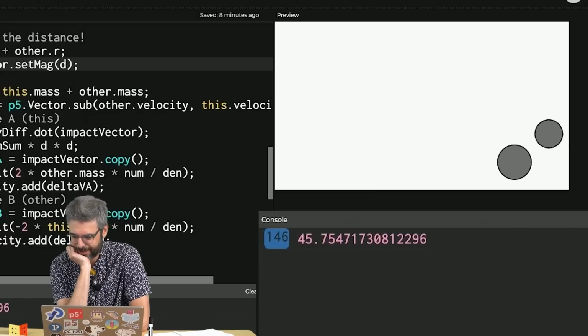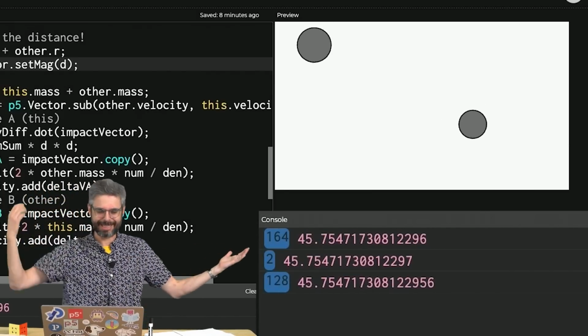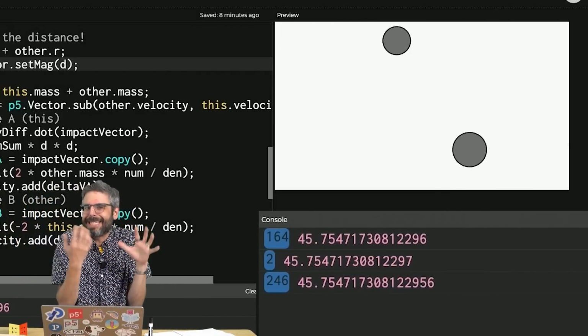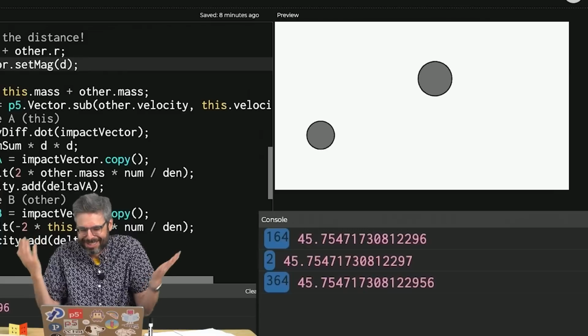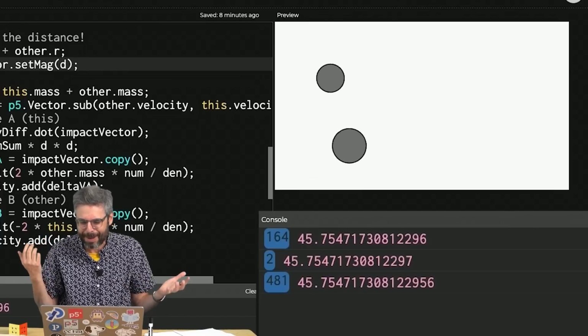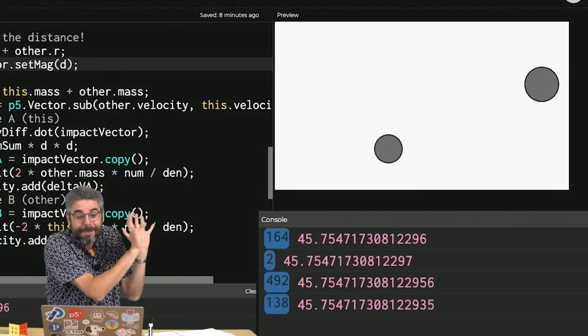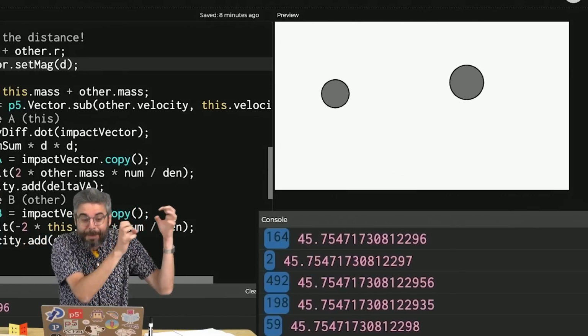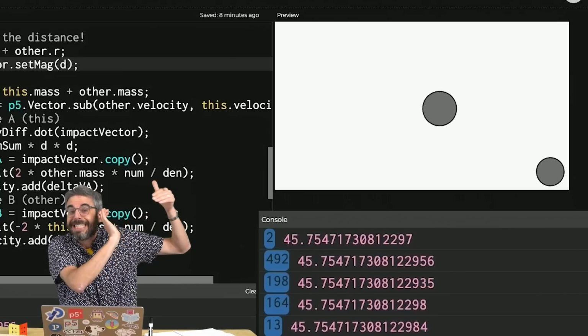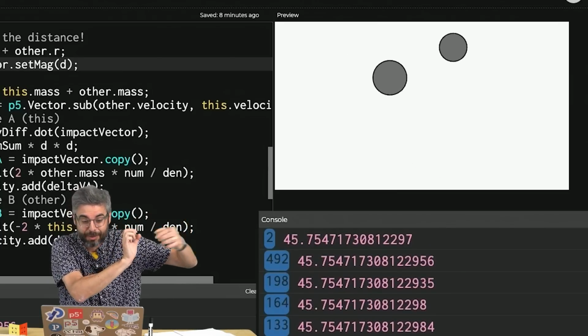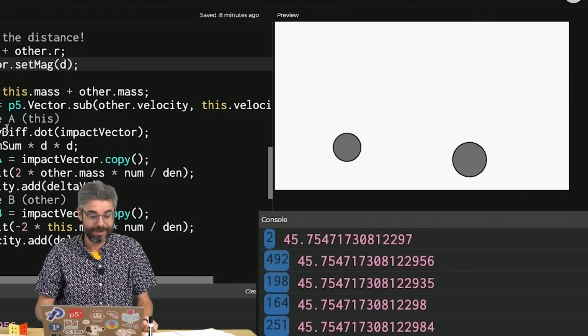Let's see if this works. Yeah, so I just needed to be consistent. If I'm gonna correct that distance, maybe I should, maybe I shouldn't. It doesn't really matter so much, but I just need to be consistent. So I'm gonna do that correction. I'm gonna move them apart, and I'm going to consider that impact vector to be slightly elongated if need be.